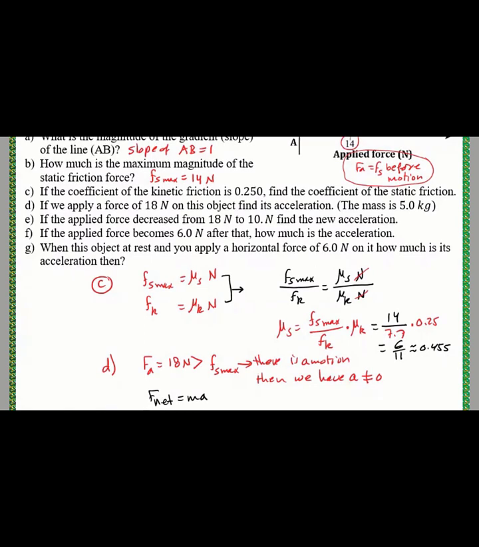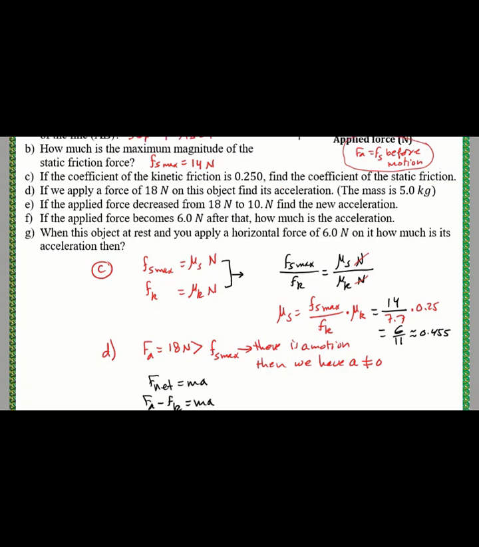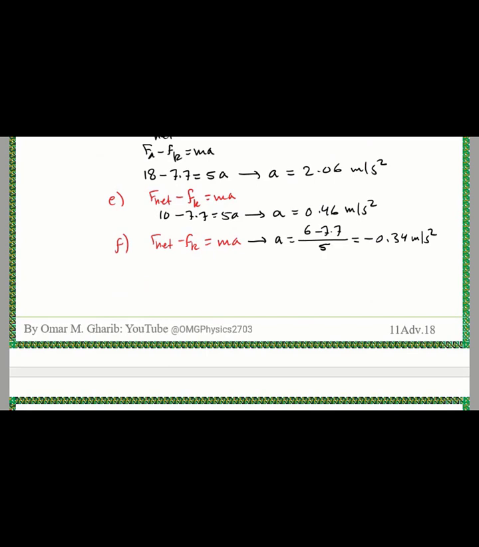When this object is at rest and you apply a horizontal force of 6 on it, how much is the acceleration? G. Fa equals 6 Newton. It is less than Fs maximum, and the object is at rest.